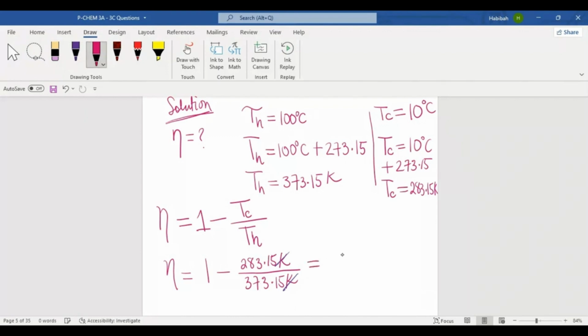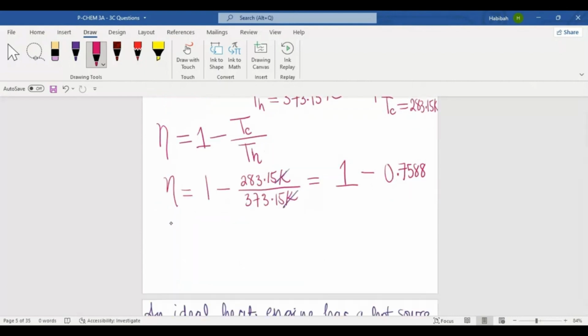So this is equal to 1 minus 283.15 divided by 373.15, which would give you 0.7588. So the efficiency is now going to be equal to 1 minus 0.7588, which would give you 0.24119.